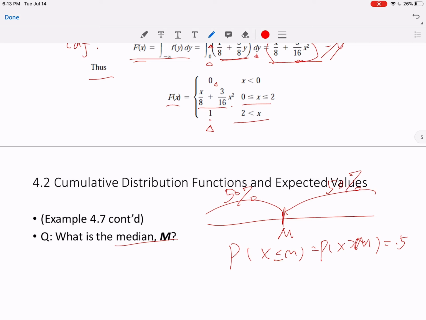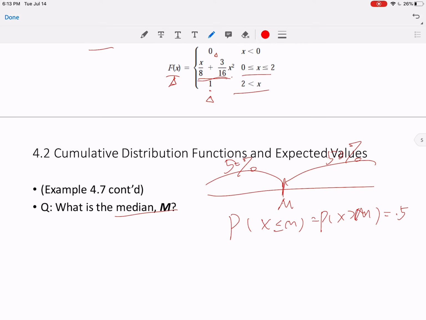So we are looking for an x value that will make the CDF equal to 0.5. That's the idea here. We want to find an x value that will make the CDF equal to 0.5. That would be the median.